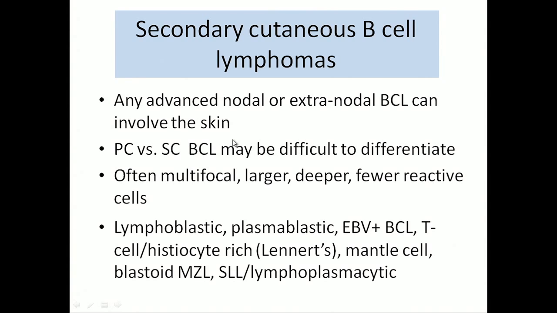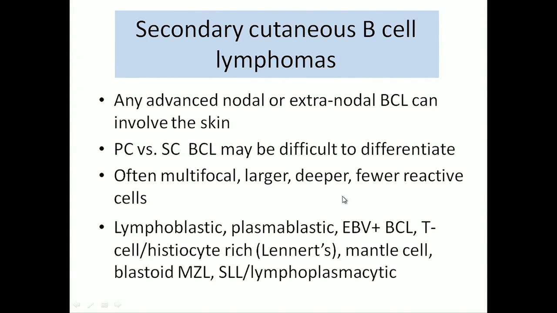We have primary cutaneous B-cell lymphomas, and we have secondary cutaneous, so any advanced nodal or extranodal B-cell lymphomas can involve the skin. Sometimes, for the pathologist or clinician, it may be difficult to know whether you are dealing with a primary cutaneous or a secondary cutaneous. So in general, the secondary cutaneous are multifocal, larger, deeper, a more pure population of tumor cells.